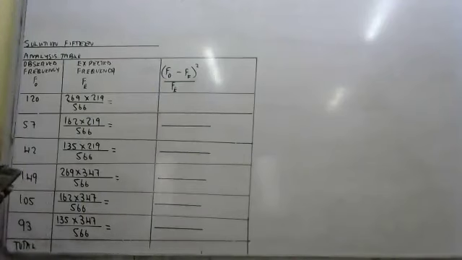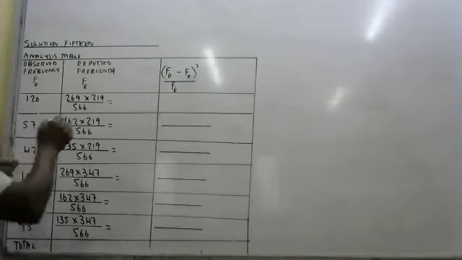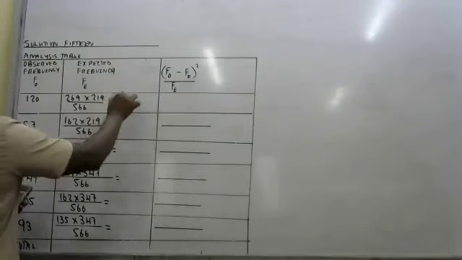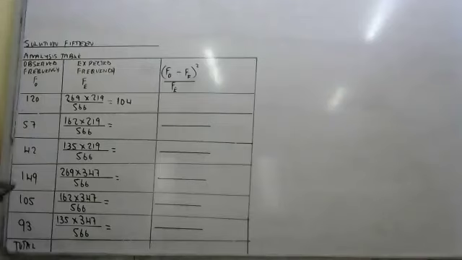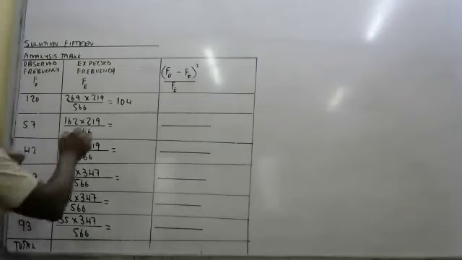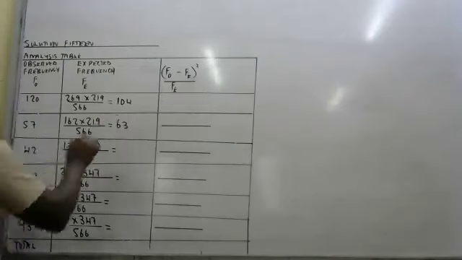219 divided by 566 is 104. Then 162 times 219 divided by 566, you can call it 63.